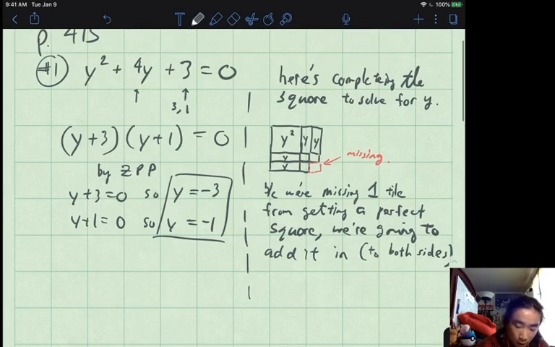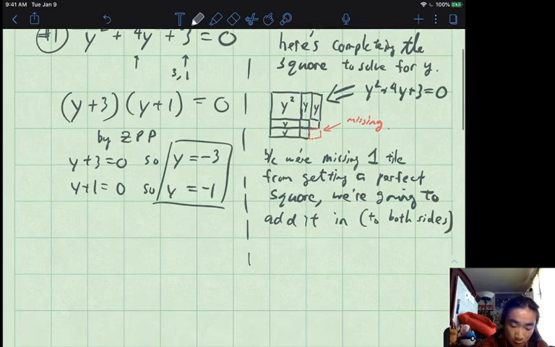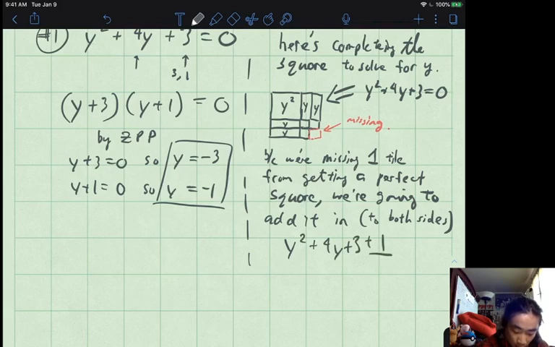So originally, this thing is y squared plus 4y plus 3 equals 0. When we add 1 to both sides, it now becomes plus 3 plus 1 equals 0 plus 1. So far so good?